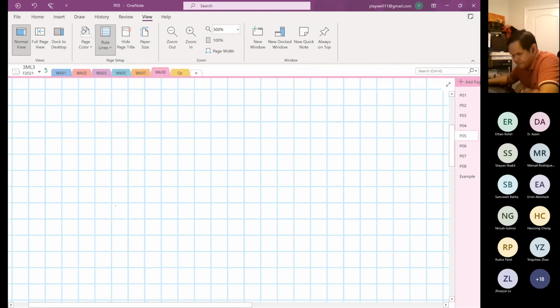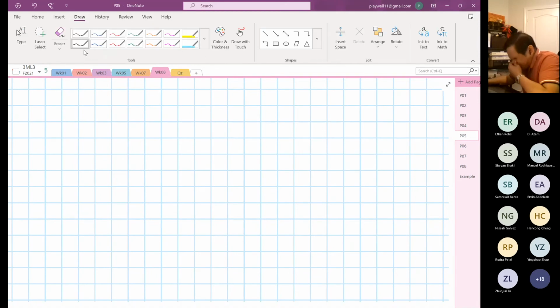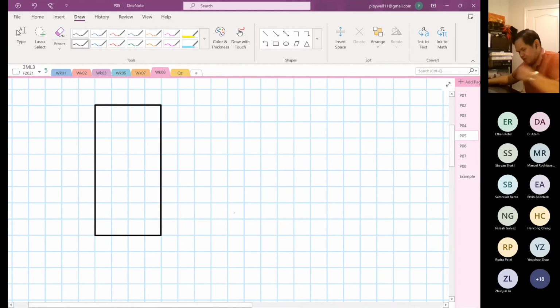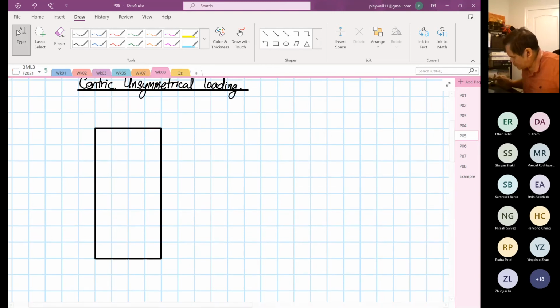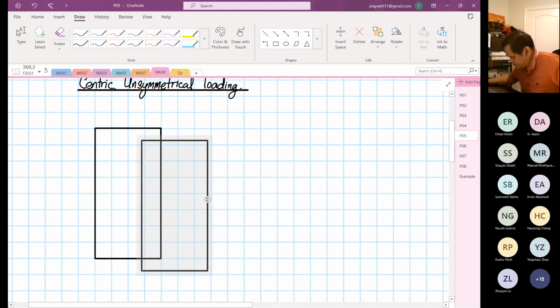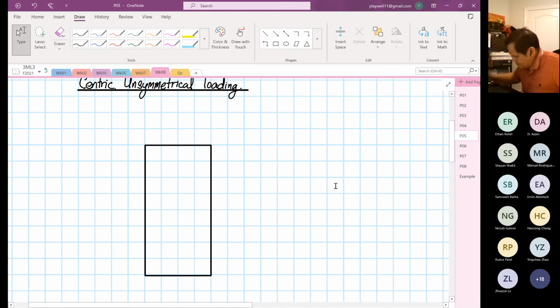So let's say we have a structure that looks like this. This is how our structure looks. Then I'm going to draw my transformation. So now we have our transformation.